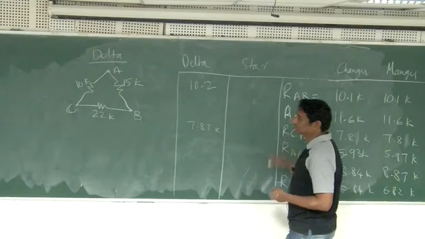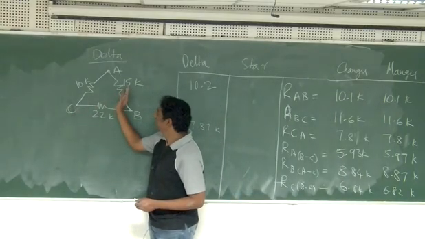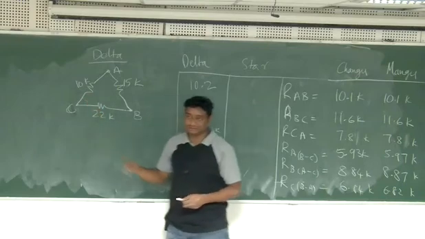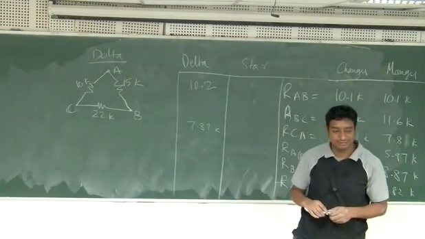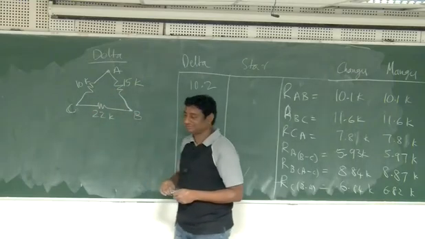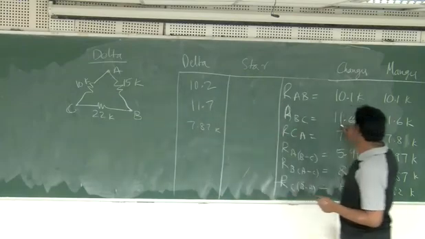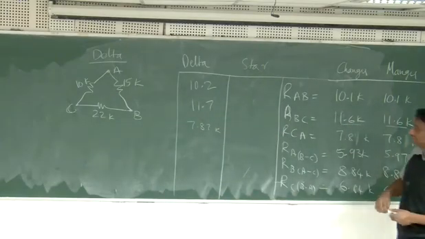What about RBC? 25 parallel with 22, so 25 into 22. 11.6, 11.6, almost the same.